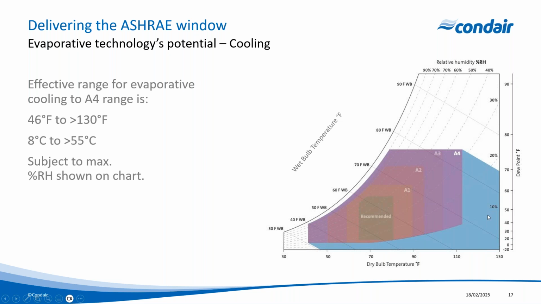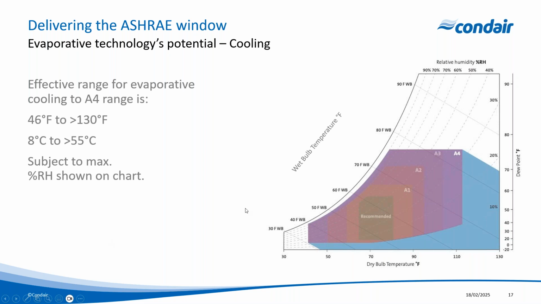Now, what we're showing here is if you have an outside air condition or mixed air condition that actually falls within that blue region that we're showing on the screen here for any of these previous classes, we can achieve a supply air condition that actually falls within the recommended range, all the way through A1 to A4, using an economizer combined with an evaporative cooling system.